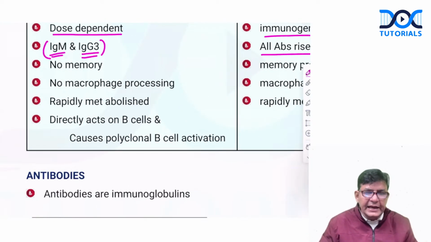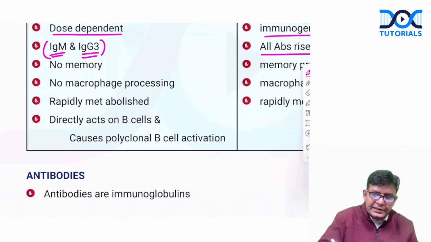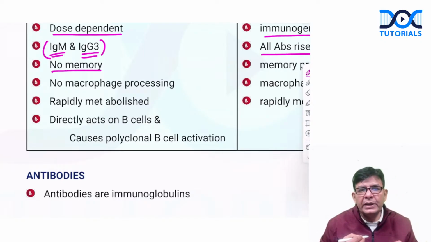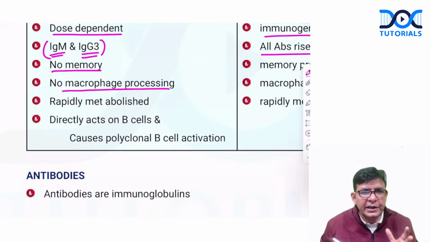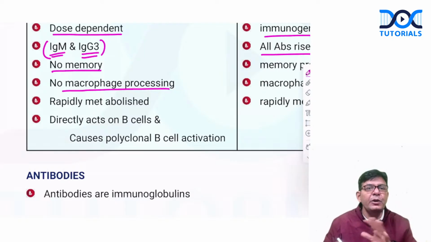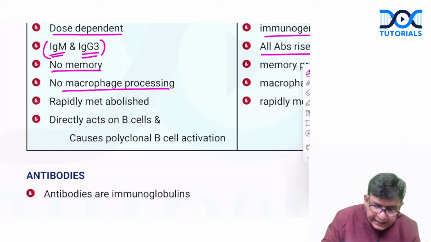Fine. On the T independent side, no memory is there. Once a particular antigen comes, it doesn't have any memory for the future one. So no memory, no macrophage processing, because it is a shortcut. And shortcut doesn't work in life. It is not rapidly metabolized, it is slowly metabolized.